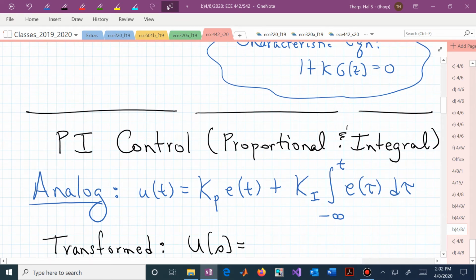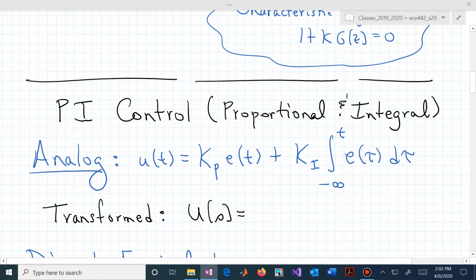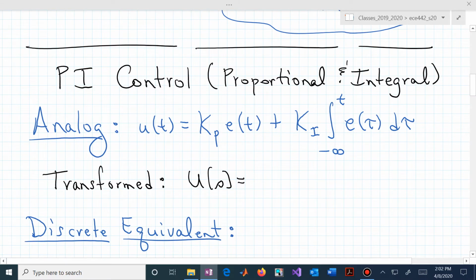What about a PI controller? This is now combining a proportional action and an integral action, and you can see that now in the analog expression. U of t, the input to the plant, is a constant multiplication of a gain, k sub p, times the error signal, plus another gain, k sub I, times the integral of the error signal.